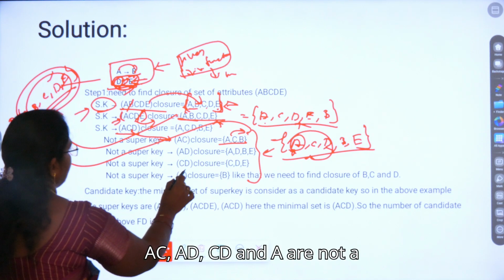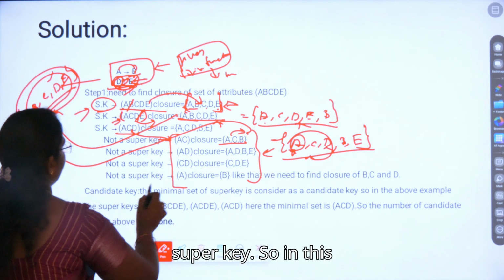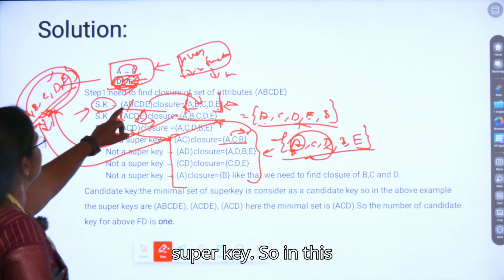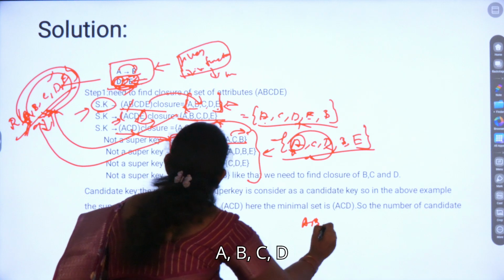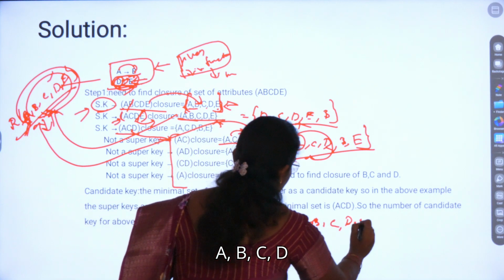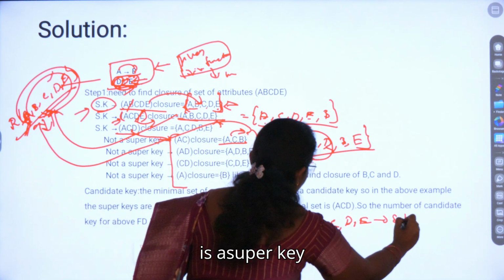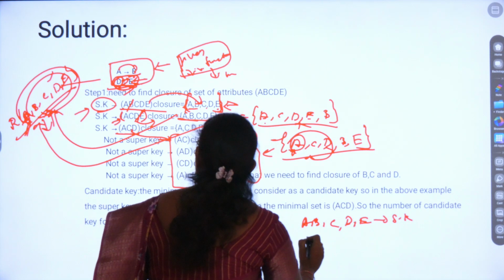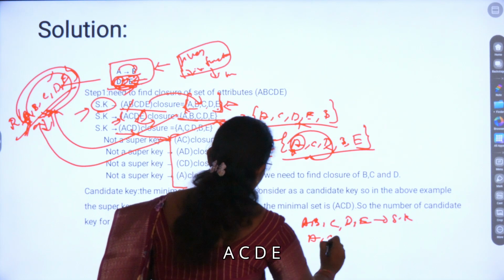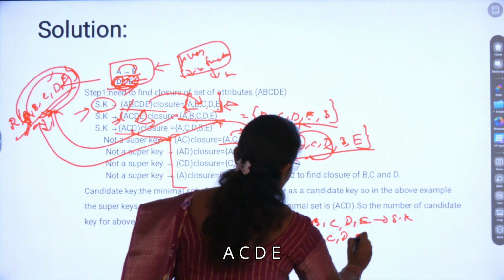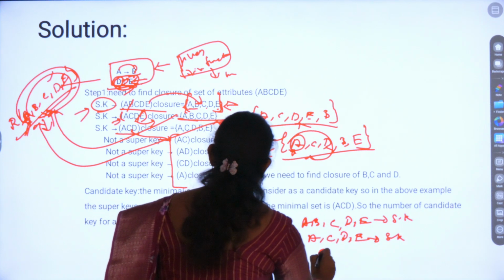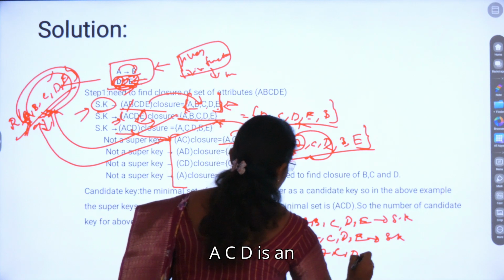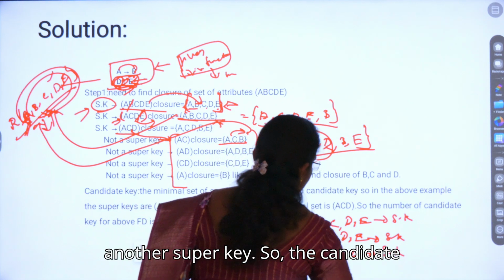AC, AD, CD and A are not super keys. So here I have three super keys. A, B, C, D, E is one super key. A, C, D, E is another super key. A, C, D is another super key.